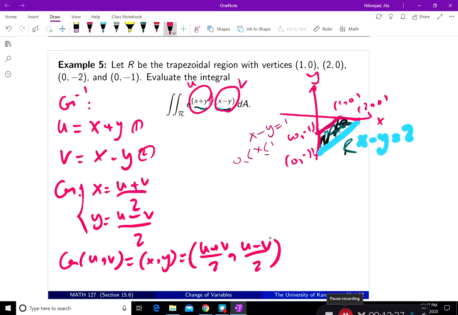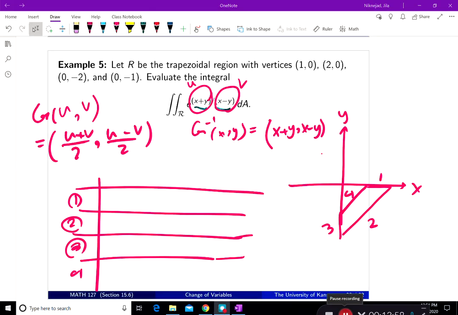The steps are use that g to find the pre-image of R. So I'm going to erase and put the g on top because we found g, and then I find the pre-image of the region R, call it E or whatever, and then finding the Jacobian, and setting up the bounds of the integral.